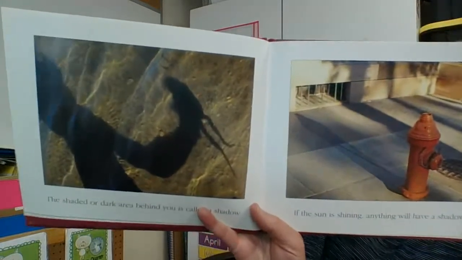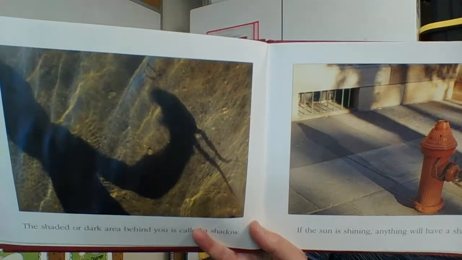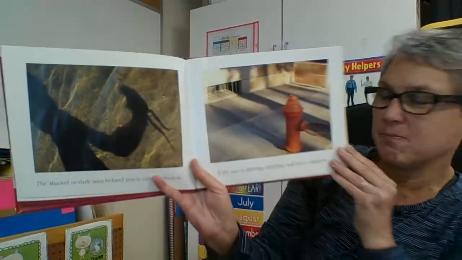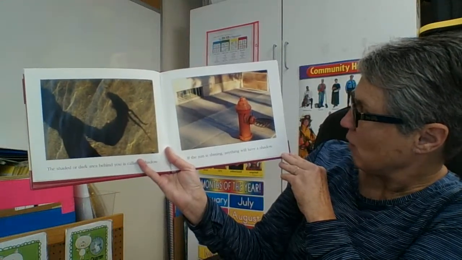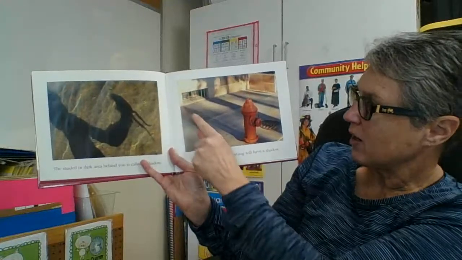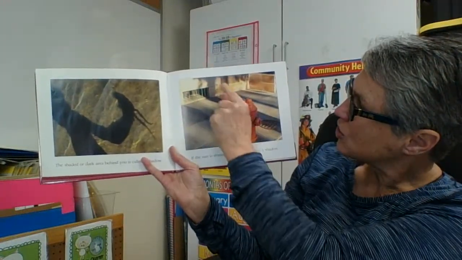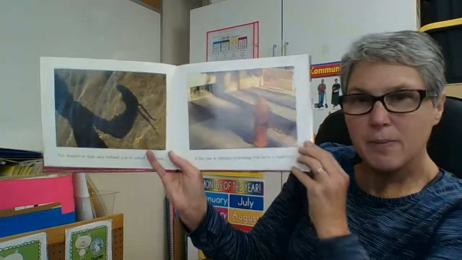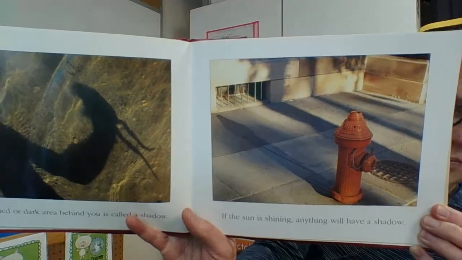Wow, they really showed us that shadow of the little boy holding the frog. If the sun is shining, anything will have a shadow. I see the fire hydrant's one. Wonder what's making this shadow here. Wonder if there are some trees beside the road.